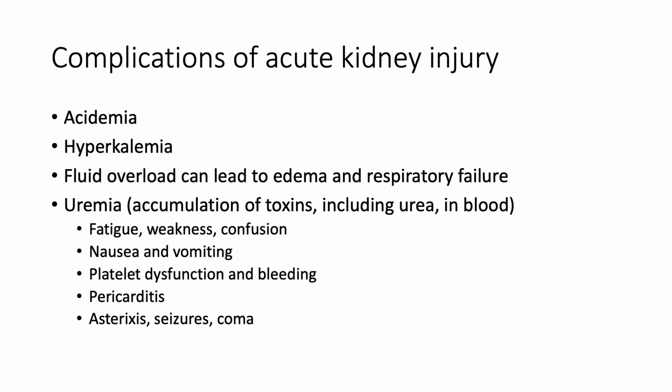And then uremia can classically cause asterixis, which is a type of involuntary tremor. It's a specific type of myoclonus that you also see with cirrhosis. But if you see this exam finding in someone with an elevated BUN, that's concerning for uremia.